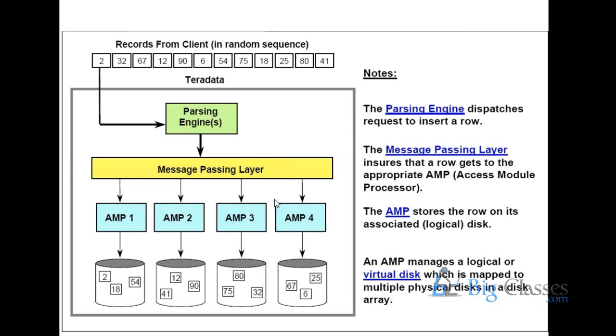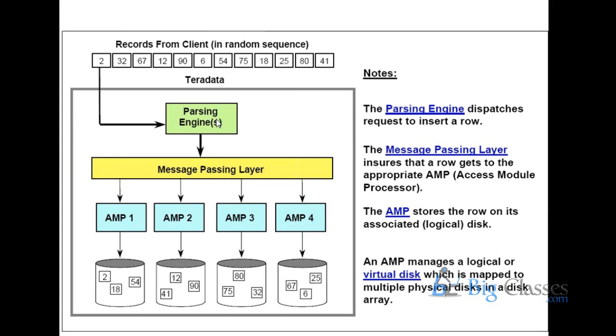In the message passing layer, in addition to the communication protocol, it also handles the result set. Suppose in this particular scenario I do a select star from this table, what should happen? I should get all the 12 records to my client. So from the client I am sending that request, and I need to get all the 12 records.